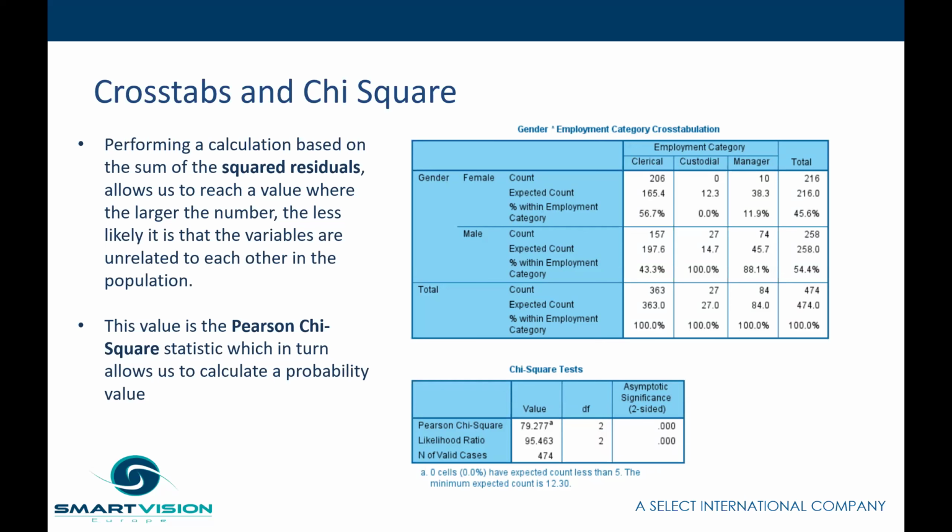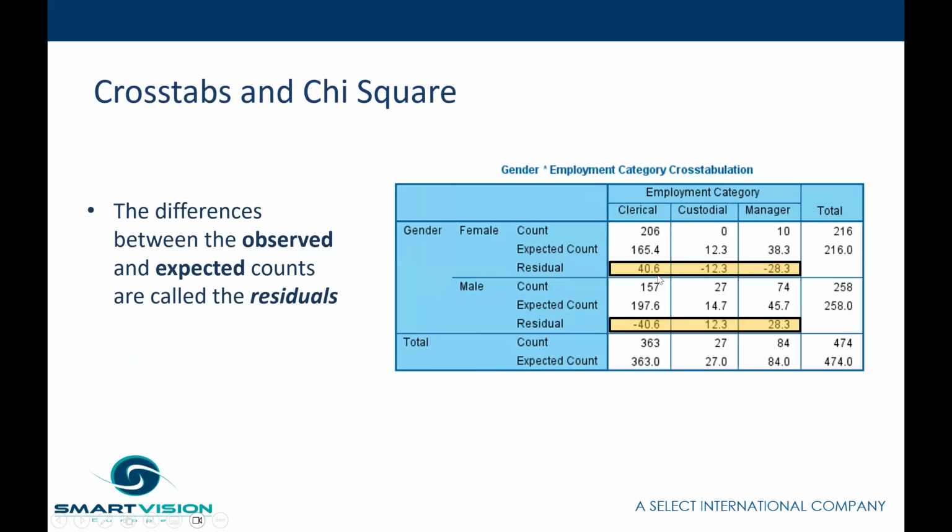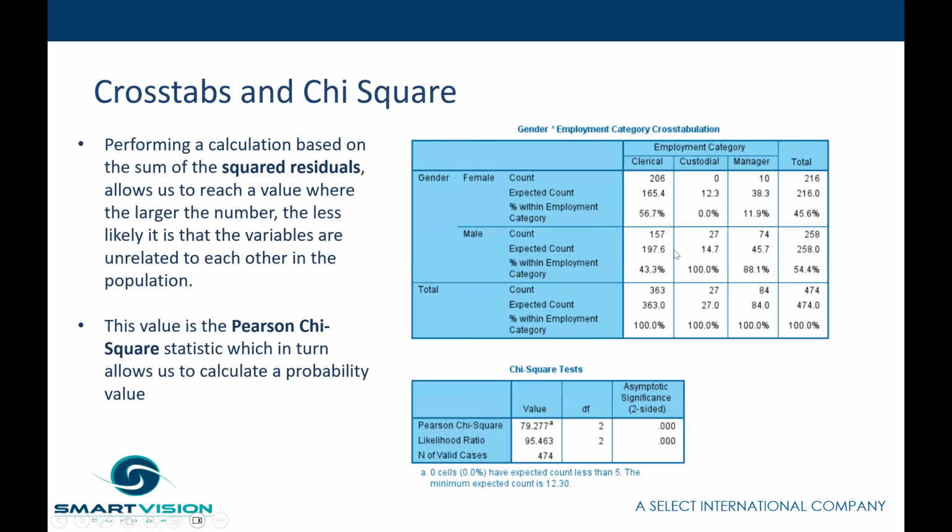And it means that when we add up all the squared residuals, the larger that number is, the less likely it is that the variables are unrelated in the population. In other words, once we add up all our squared residuals, it's an indication of how much each cell or each group differs from what we would expect to get, how much it varies away from the average value.